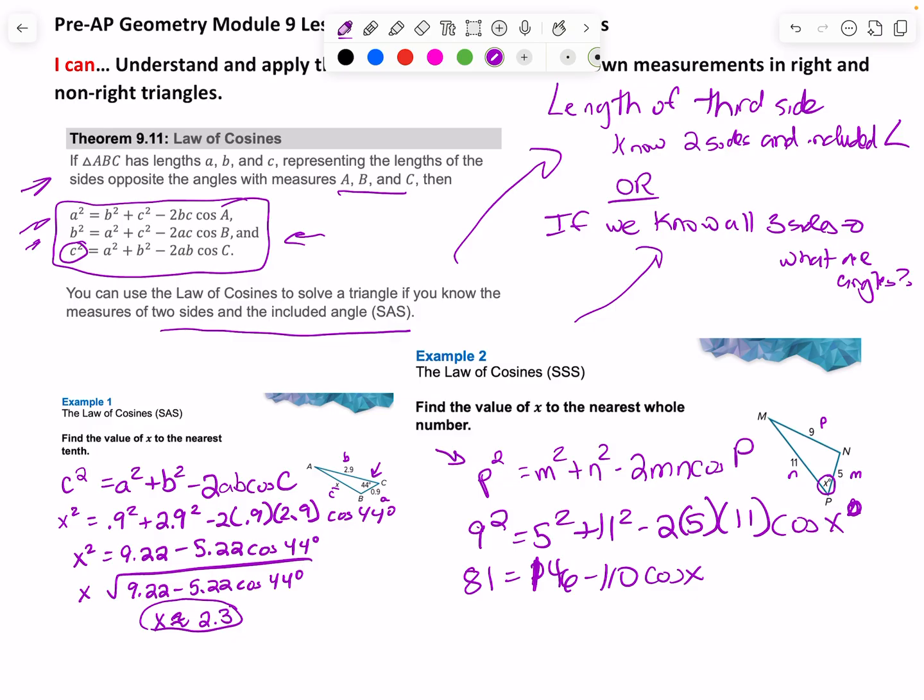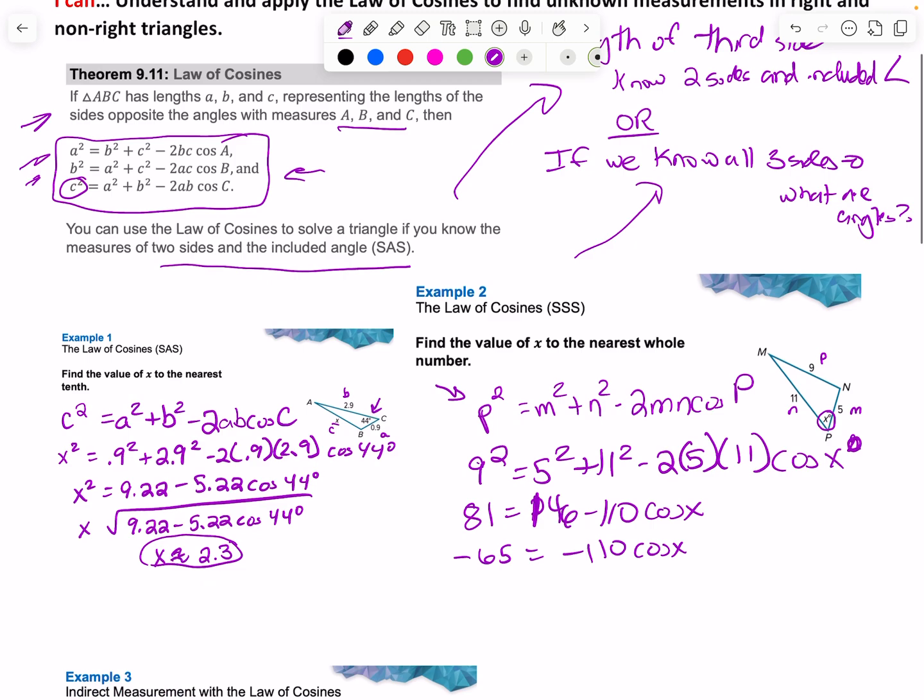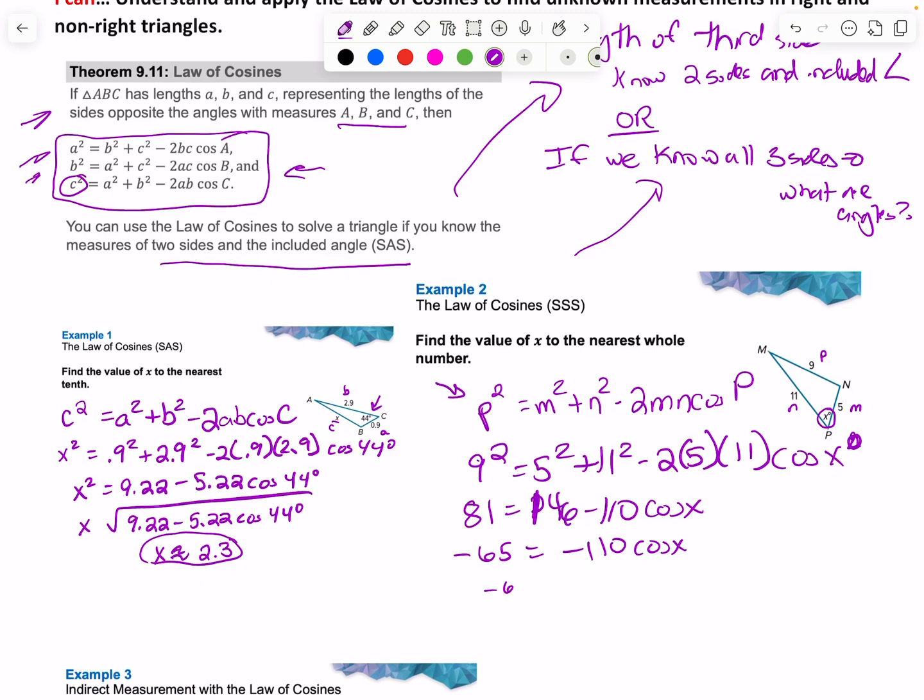All right, so we move the 146 over. That means negative 65 equals negative 110 cosine x. So negative 65 divided by negative 110 equals cosine x. Since we got the cosine of x, we're going to do the inverse cosine of negative 65 over negative 110.